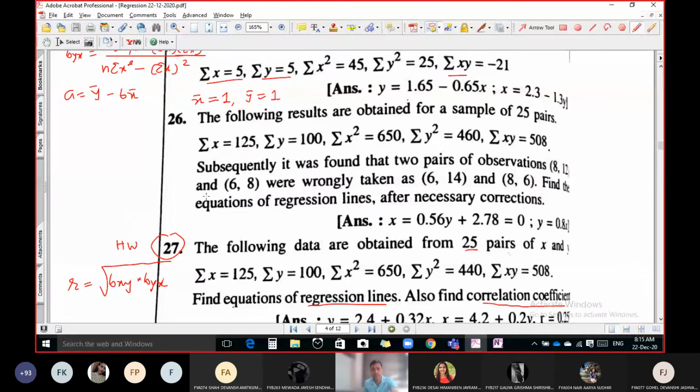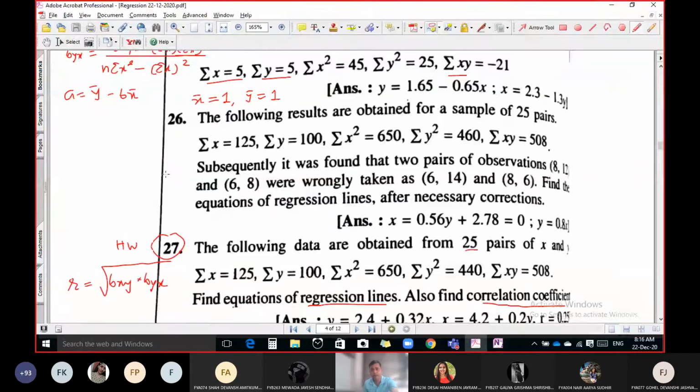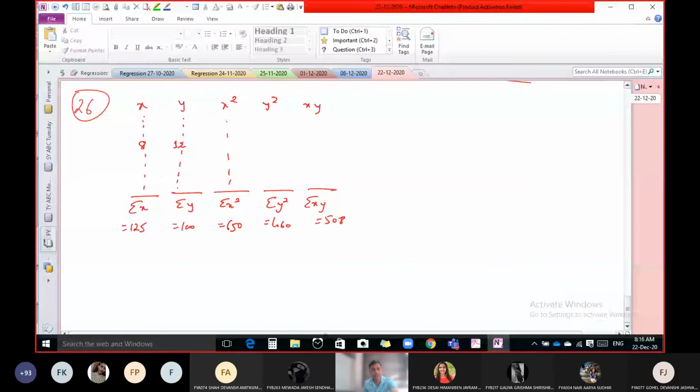we found that two pairs of observations were wrong. Sorry, 8, 12. So maybe one pair 8, 12 is here, and another pair 6, 8 is here.